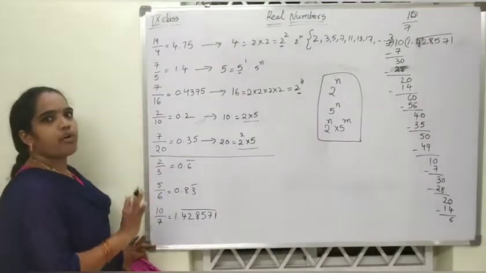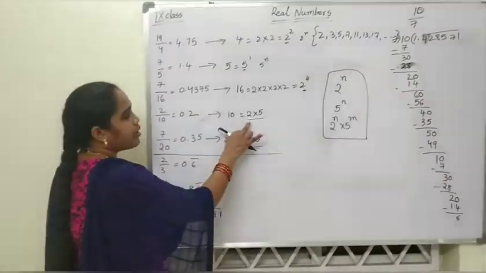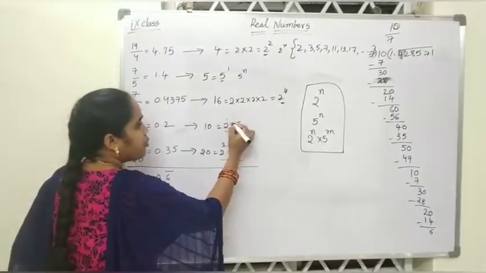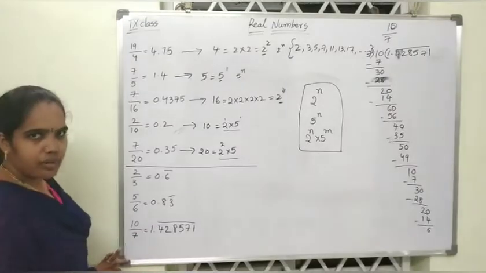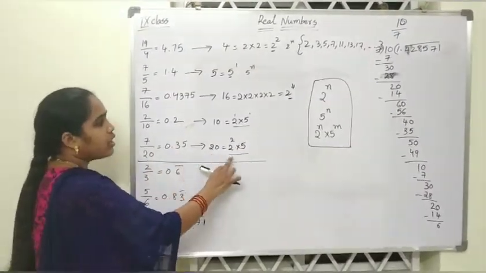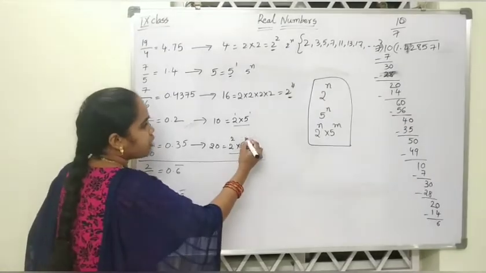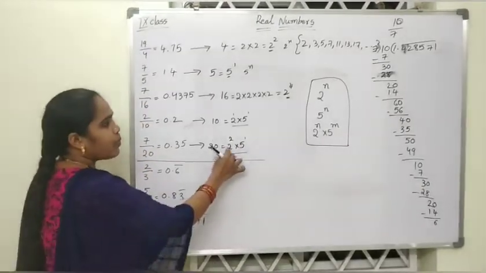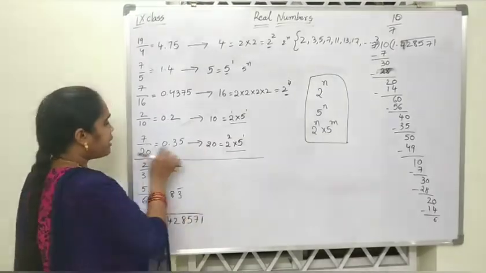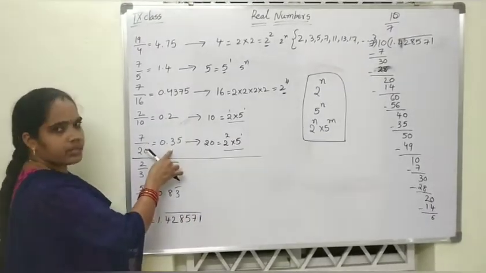If you see the denominator 10, that one we have written in the form of 2 into 5. That means 2 power 1 into 5 power 1. Then also that is terminating decimal. Here 20, 2 square into 5, 2 square into 5 power 1. So 2 power n into 5 power m. So then also it is terminating decimal.